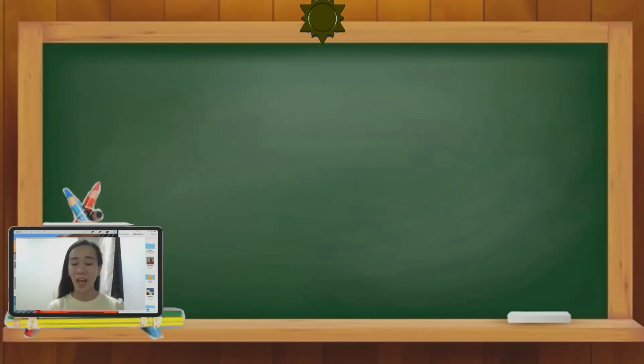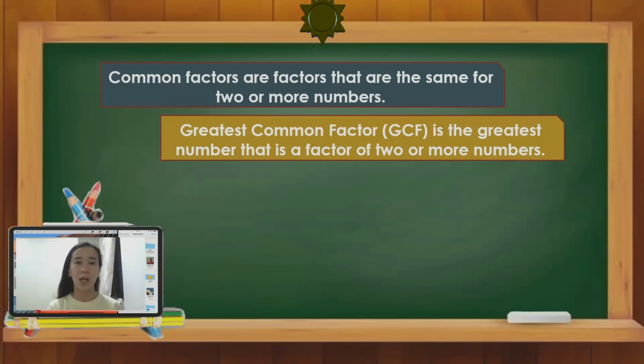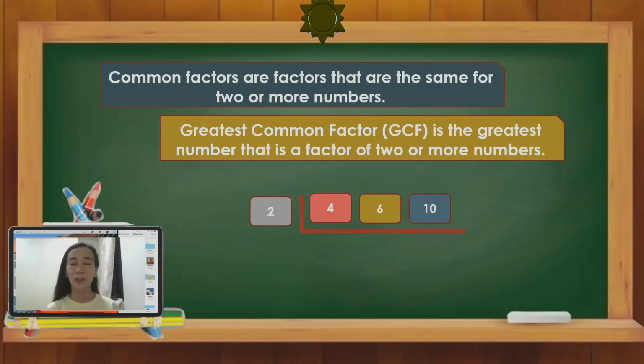Please take note that common factors are factors that are the same for 2 or more numbers. Greatest common factor, or GCF, is the greatest number that is a factor of 2 or more numbers. For example, for the numbers 4, 6, and 10, their common factors are 2 and 1. 2 is the greatest common factor of 4, 6, and 10.